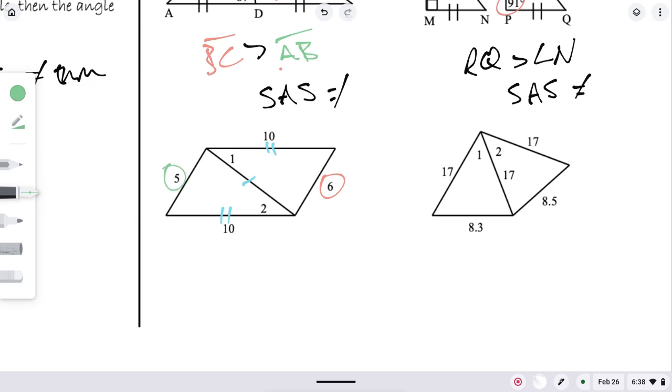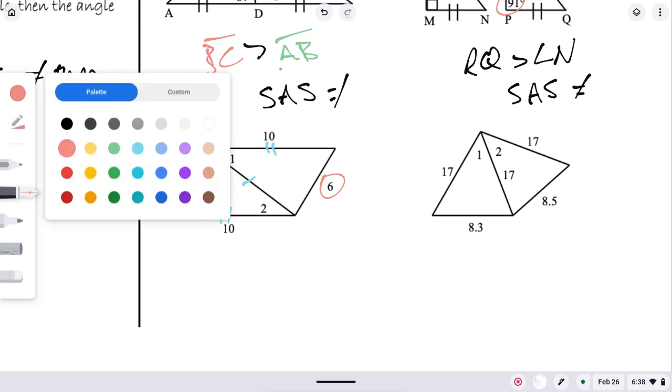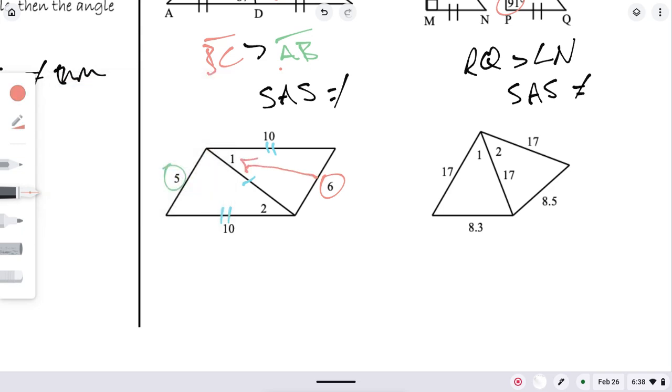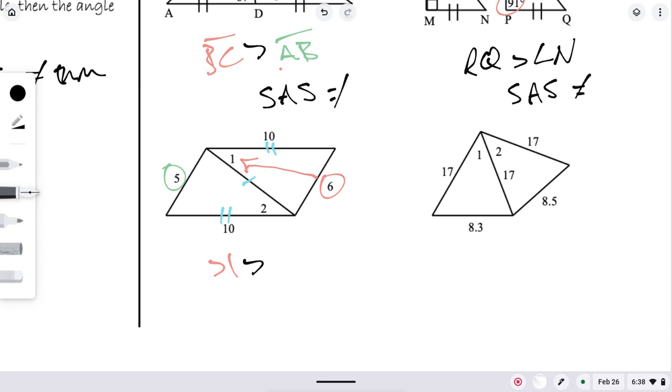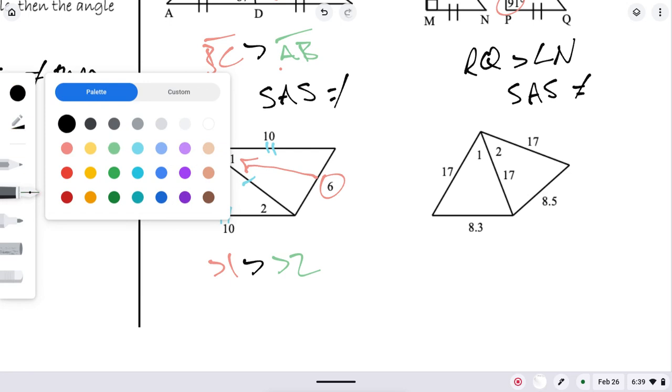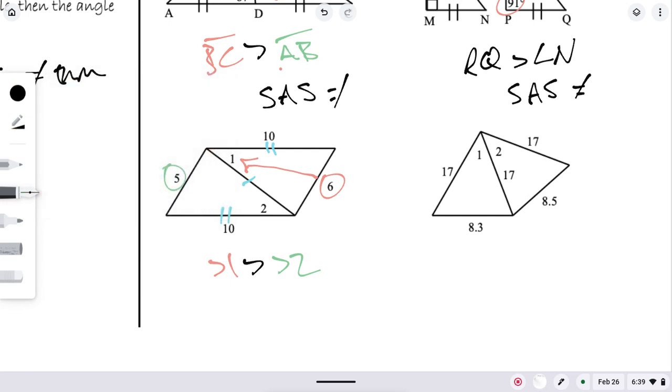So again, big opposite big, small opposite small. Angle 1 obviously has to be bigger than angle 2. Same things we've been doing, essentially, just a different way of thinking about it. So this is going to be my side inequality because I had sides first. I looked at the 6 first, and then I figured out angle 1 would be bigger.